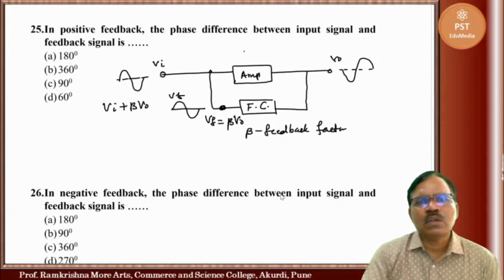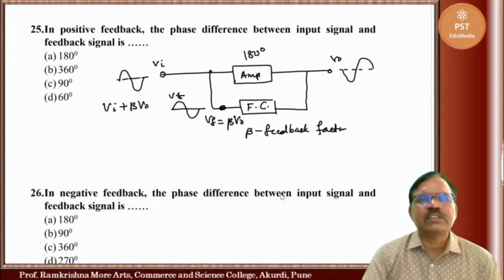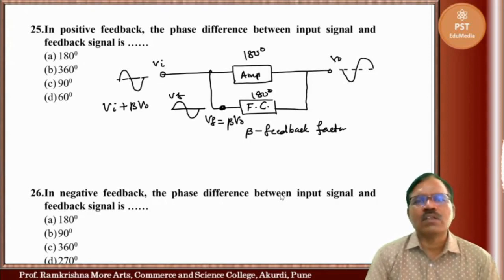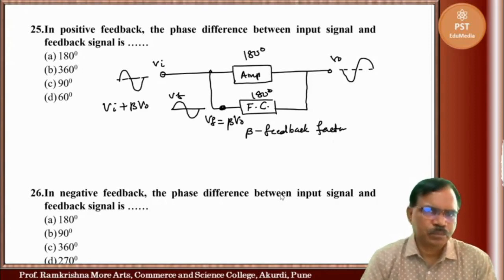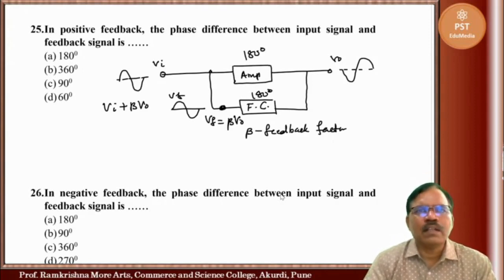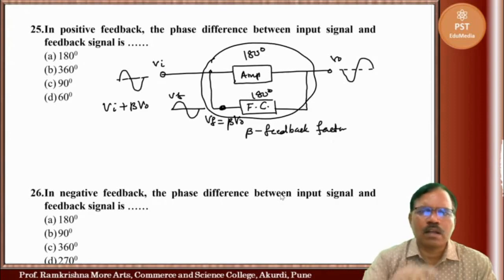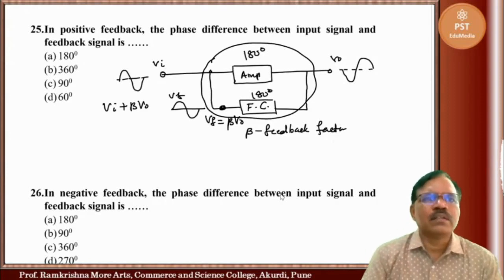So what happens here? 180 degree phase change across the amplifier and 180 degree phase change across the feedback circuit. So the phase difference between input signal and feedback signal, if we go along the closed loop, is 360 degree.